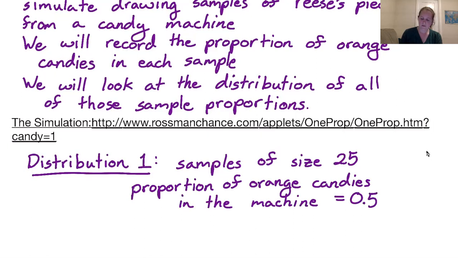So essentially, we're assuming a population proportion of 0.5, and then we're looking at what will happen to the samples. So let's go ahead and switch over to the applet.